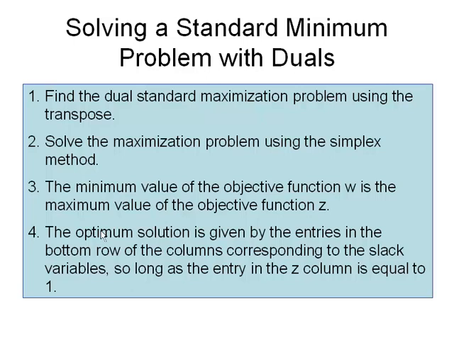And in step 4, we'll notice that the optimum solution is given by the entries in the bottom row of the columns corresponding to the slack variables, so long as the entry in the z column is equal to 1. If the z value in the bottom row is not equal to 1, then we'll divide it by a number to make it 1. And then that'll give us our solution.